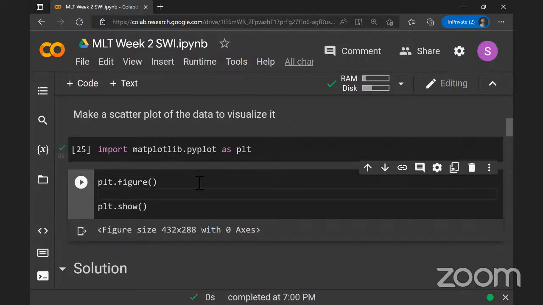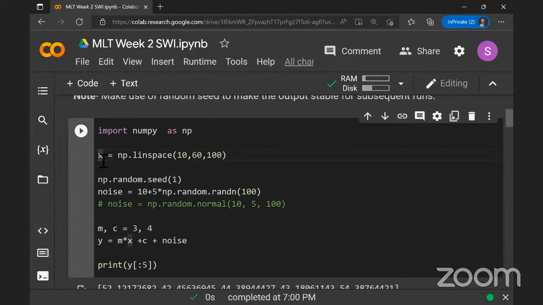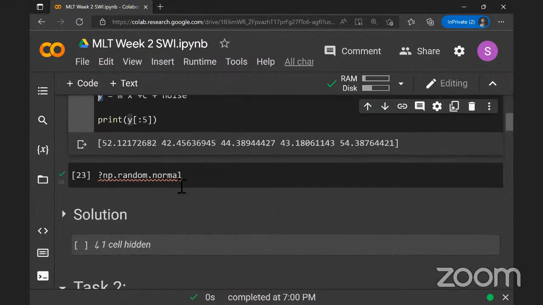Next, whenever you draw something, you give it two sets of coordinates: x coordinates and y coordinates. So we have these coordinates. x is whatever we generated over here, and y has the corresponding y coordinates of all the points in x.